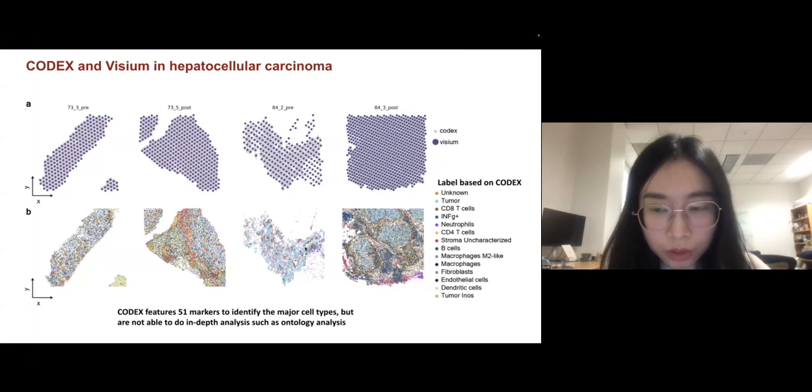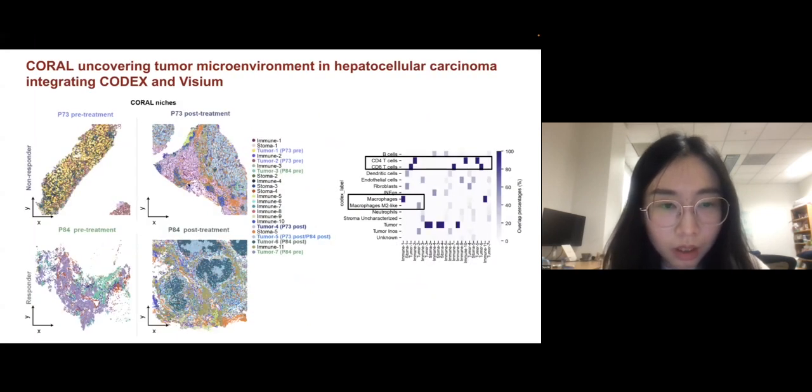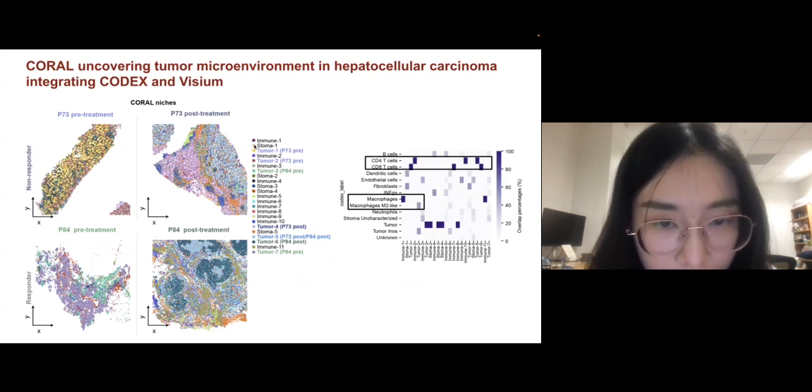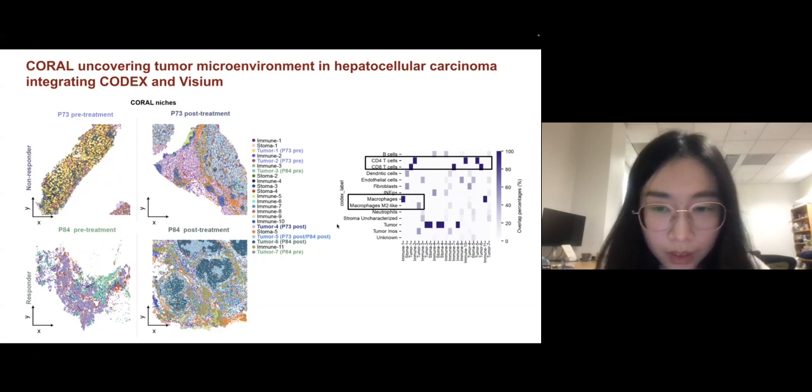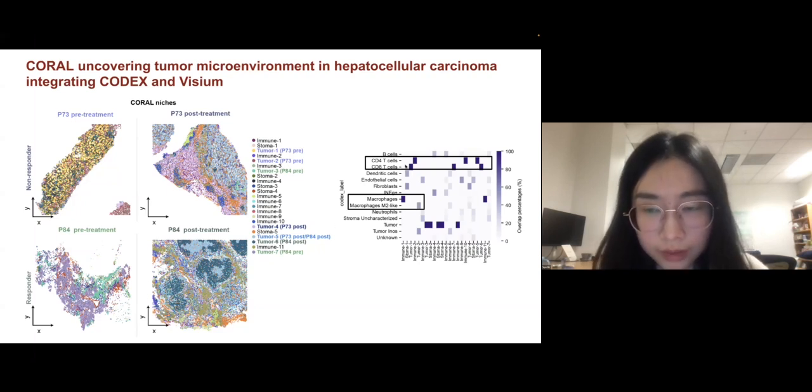So for example, here we're showing the CODEX data, labeled by their major cell types. And then Coral is able to identify these regions, with very detailed domain detection, including immune domains, stromal domains, as well as tumor domains. I highlighted some of them because they are more specific, and I will try to show what differences they have.